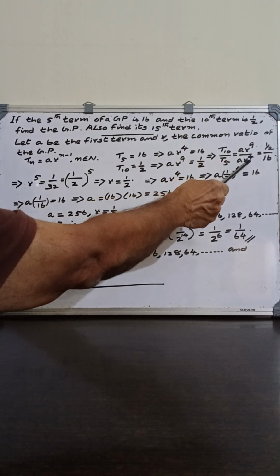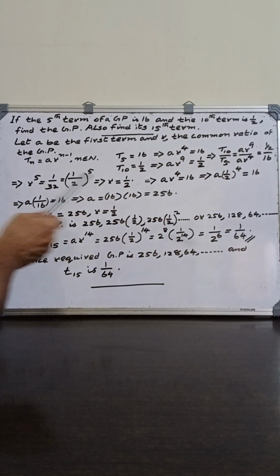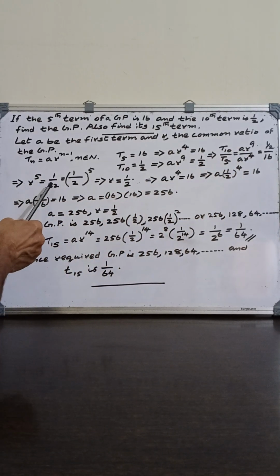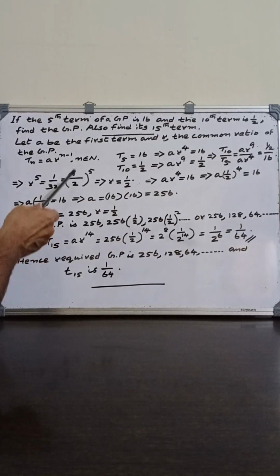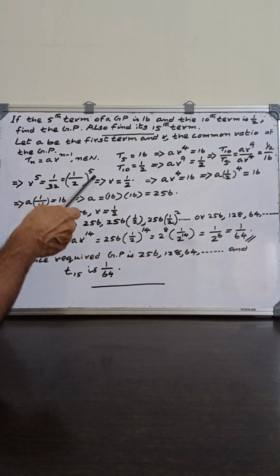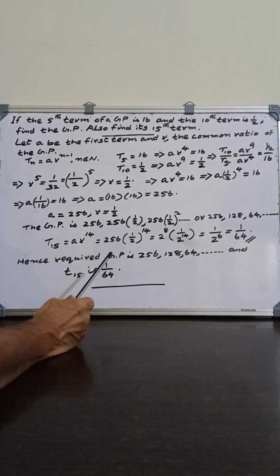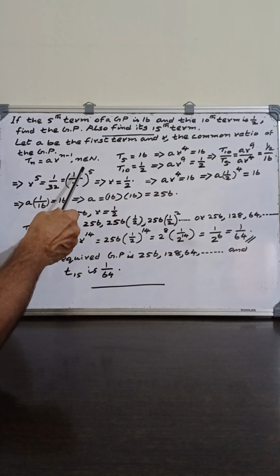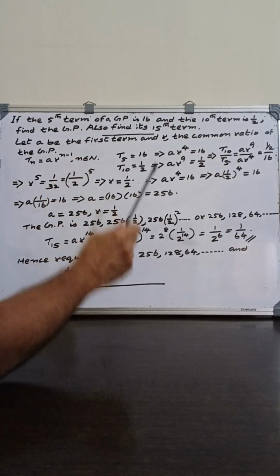R raised to 9 by R raised to 4 equals R raised to 5, which equals 1 by 2 by 16, that means 1 by 32. 1 by 32 in exponential form is 1 by 2 the whole raised to 5. 2 raised to 5 is 32, therefore 1 by 2 raised to 5. Therefore R equals 1 by 2.